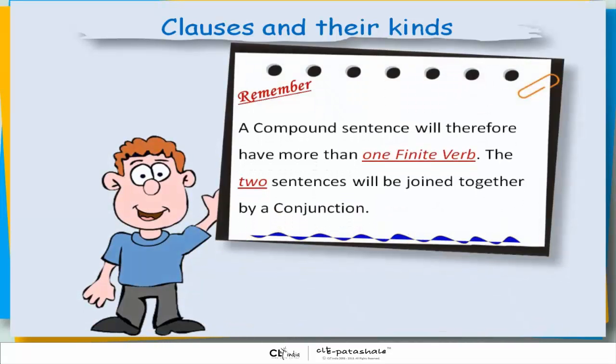A compound sentence will therefore have more than one finite verb. It has two clauses, so there will be two verbs, and the two sentences will be joined together by a conjunction.